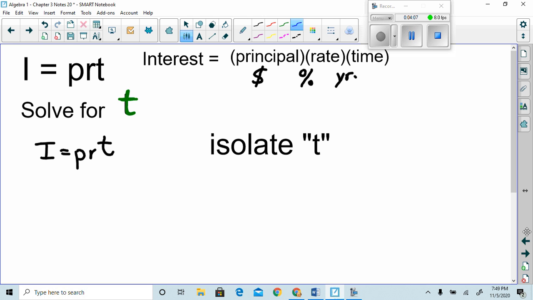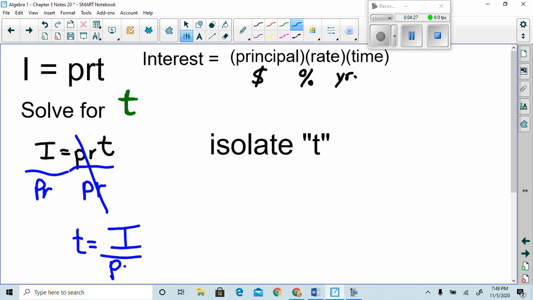So we'll take this formula, and since principal times rate times time is all multiplication, I will divide by the principal and the rate. Whatever I do on the left, I do on the right. Isolating my variable here, I get the time is equal to interest divided by principal and rate.